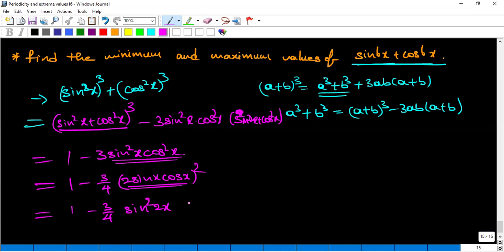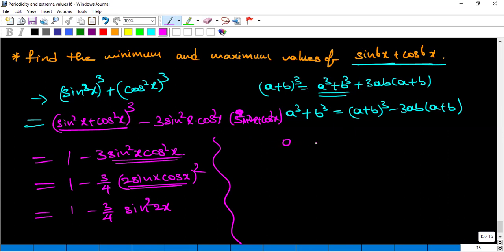Now what we need to do? We wanted to find the minimum value and the maximum value for this particular function. Just observe, we already know the sine function will be between minus 1 to 1, but the sine square function will be between 0 to 1.